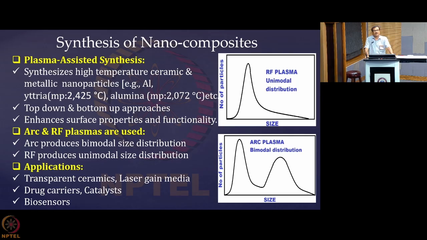So first, you have to produce a very high temperature, definitely more than 2500 degrees centigrade in such cases, and you should have a very high gradient. That is very much required, because you need to stop the coagulation of the atoms.